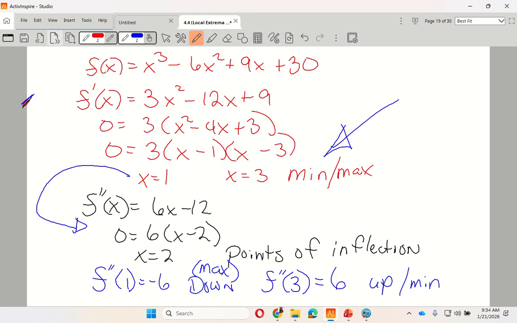That means the slope is going to be 0. So the slope going up to right here is going to be 0, and that's where it changes to go back down. Oh wait, so those are the only points where the slope is gonna be equal to 0. Yep. That's the only points right there where slope is equal to 0. So that's why I know they have to be mins and maxes. Those are my local mins and maxes. Okay.